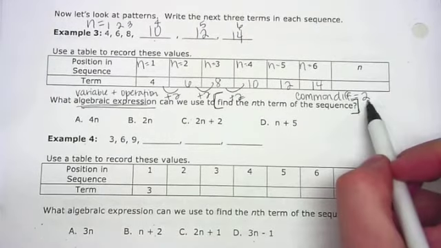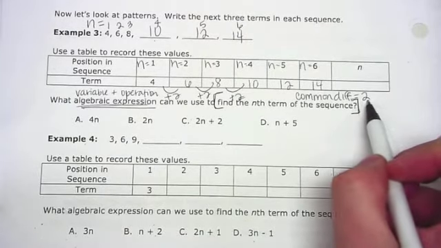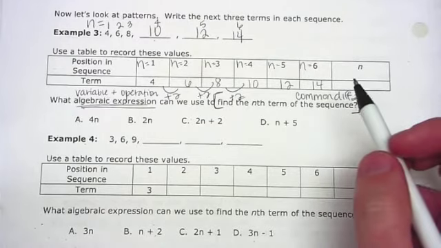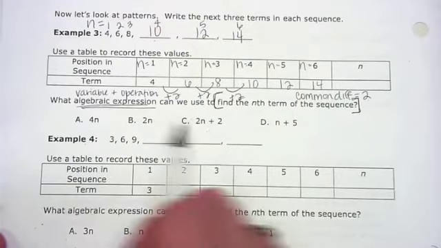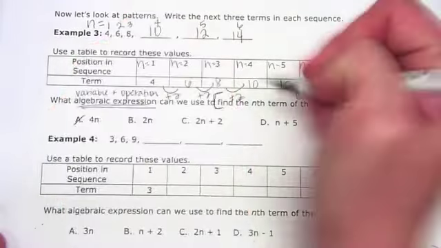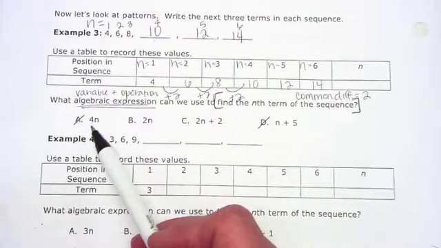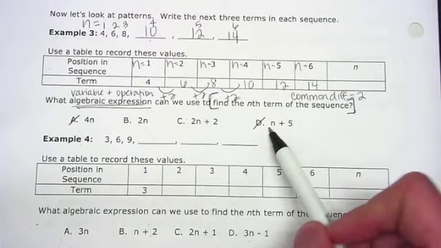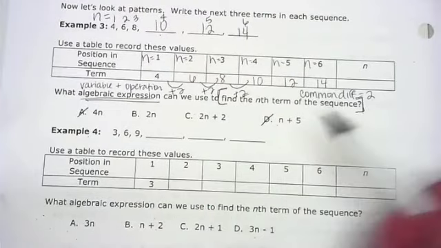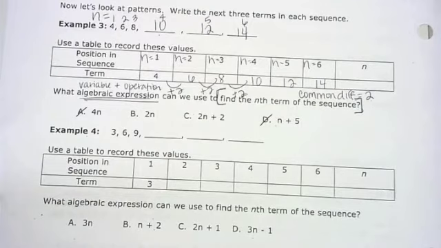And remember, as a rule, the common difference is what our n is being multiplied by. So our expression has to have 2n somewhere in it. So if you look at our answer choices, A and D will not work because A has 4n, multiplying n by 4, and D has 1n, which is just n by itself multiplying by 1. So neither one of those will work.